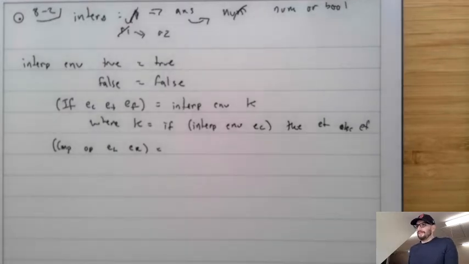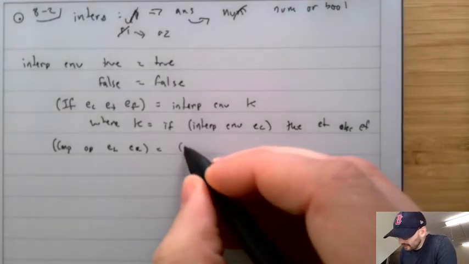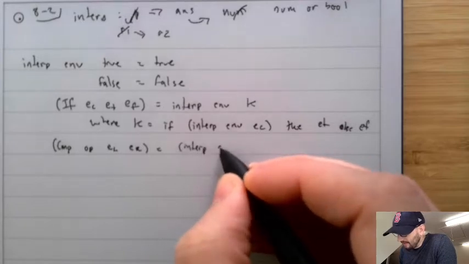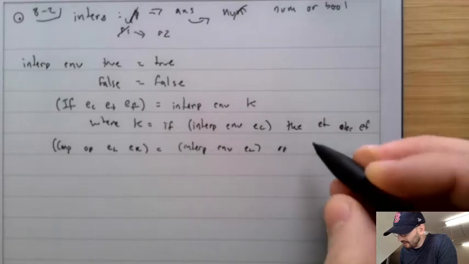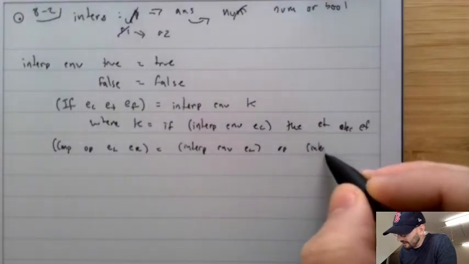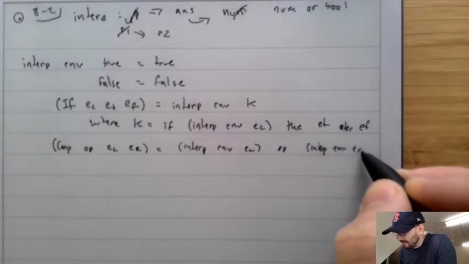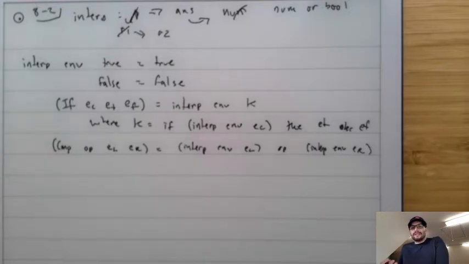We interpret the expression on the left in the environment, and then do the operation with the interpretation of the expression on the right. When I say do the operation, I mean that if it's an equal sign, then we do equal. If it's a less than, we do less than, etc. I'm not going to explain how to do that because you know how to do that. You have the language you're using, you can just call the number equality.